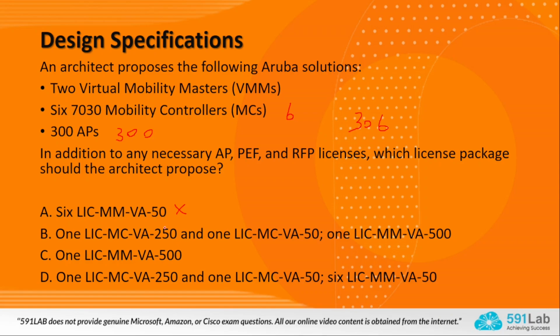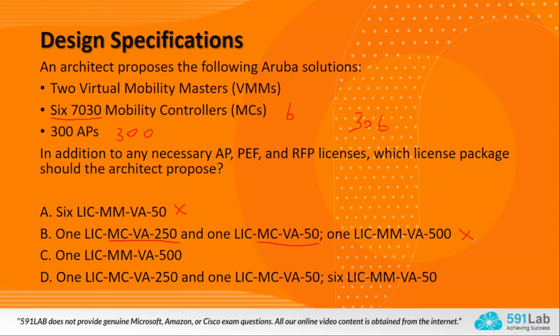MC means mobility controller and VA means virtual appliance. But in this question, there is no virtual mobility controller. They are hardware mobility controllers, 7030, 6 numbers. So there is no involvement of virtual mobility controllers, so there should not be MCVA licenses. So option B is wrong.